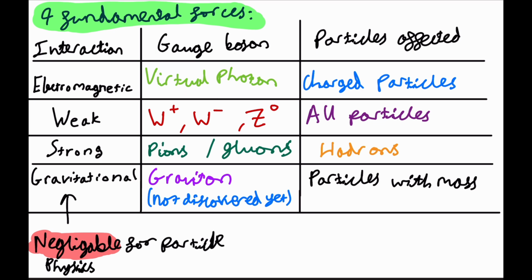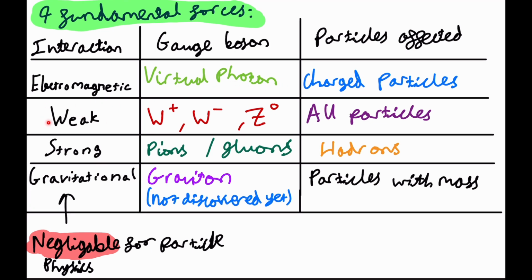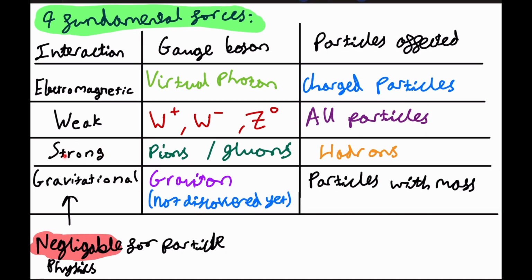Then you have the weak interaction, where the exchange particles are the W plus, W minus, and the Z0 bosons, and they affect all particles. The strong nuclear force affects all hadrons, and the exchange particles can be either pions or gluons.